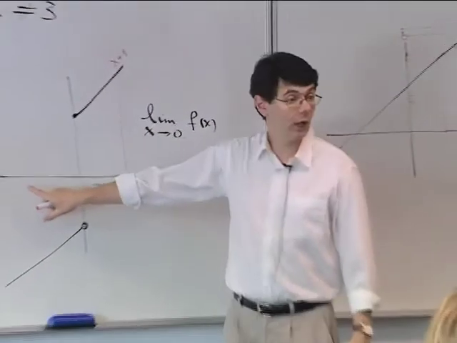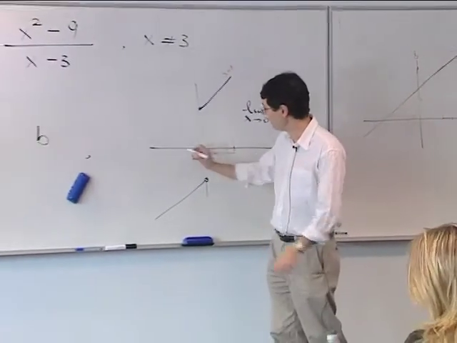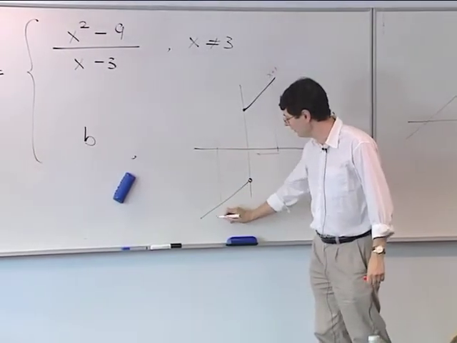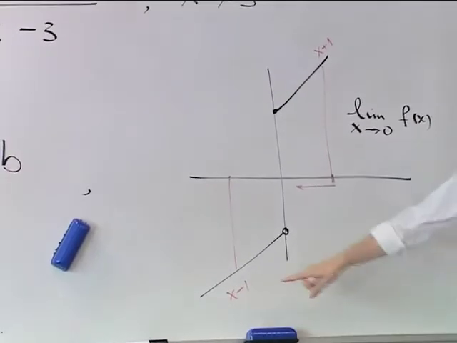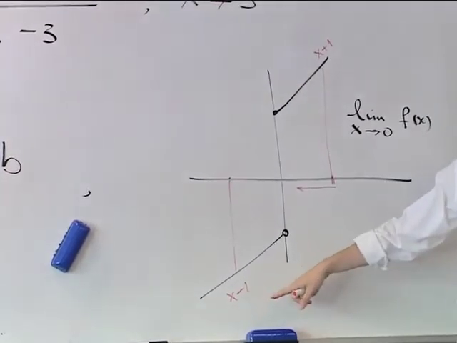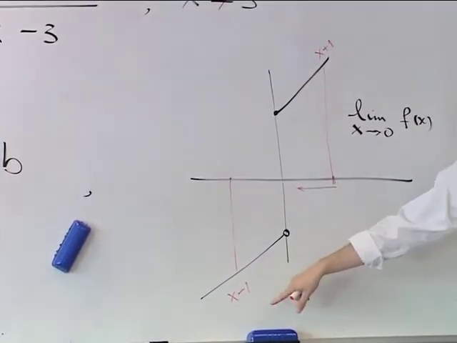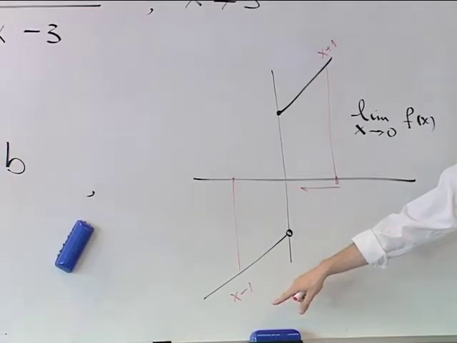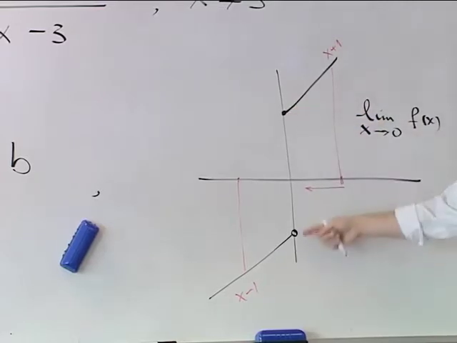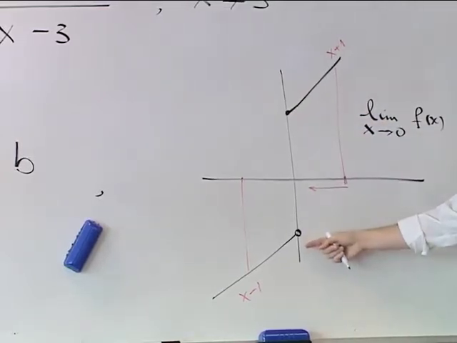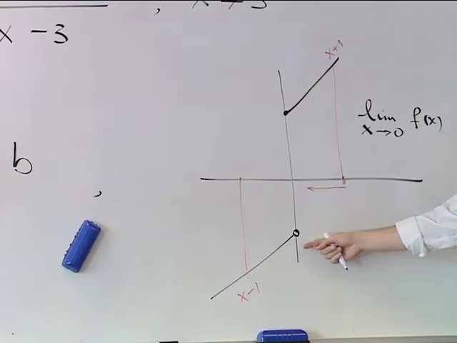But what happens if you are on the left side? If you're on the left side, the formula for you is the formula x minus 1. And if you plug in x equals 0, which you can do, you get negative 1. And you're seeing that there's a gap from 1 to negative 1 in here. Okay?